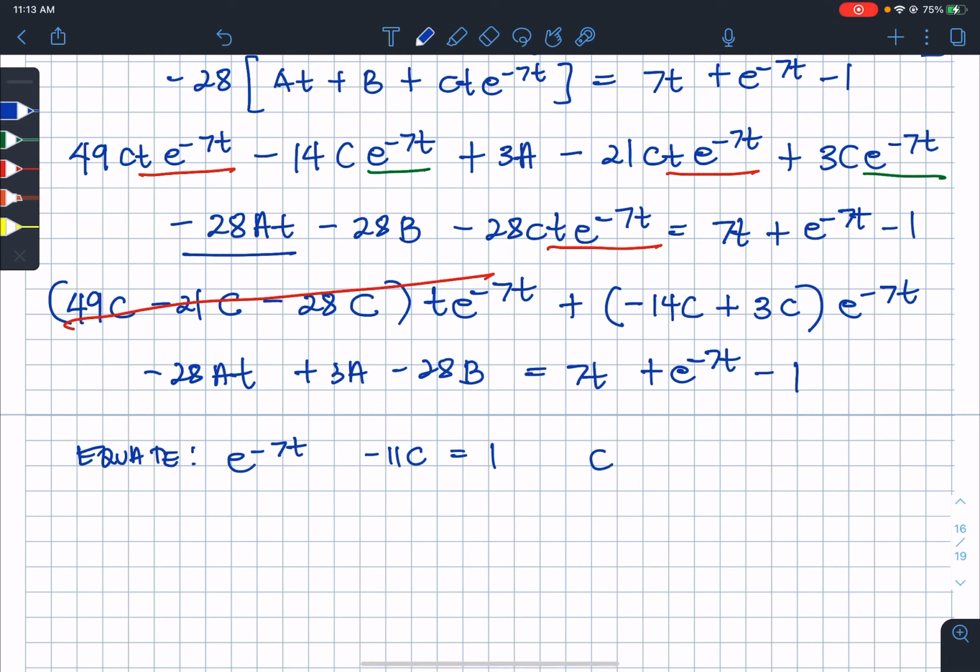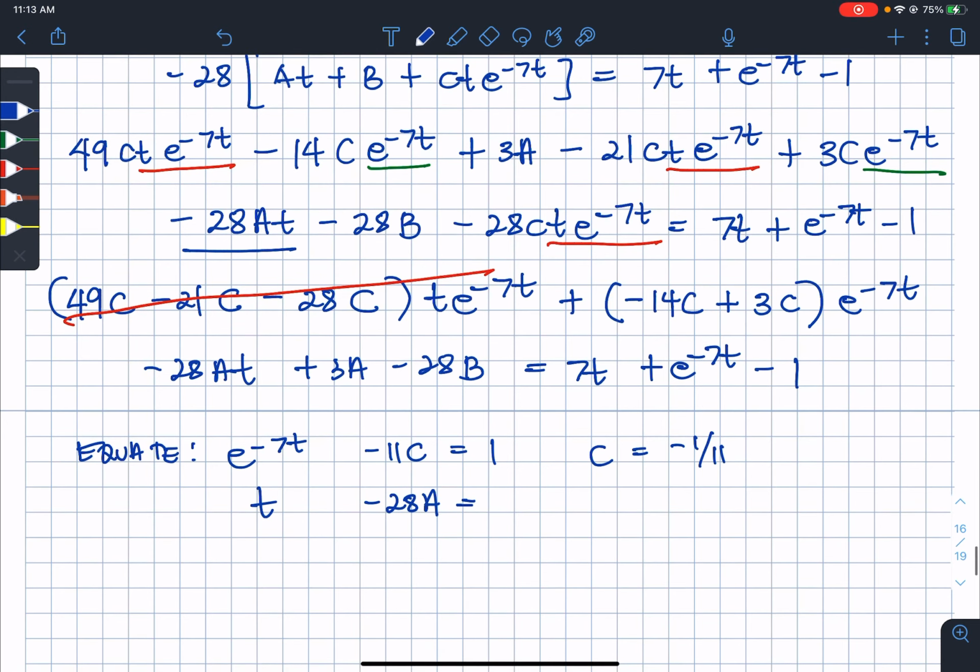So therefore c is negative 1 over 11. Then equating t, I'll only have negative 28a is equal to 7. So therefore a is negative 1/4.